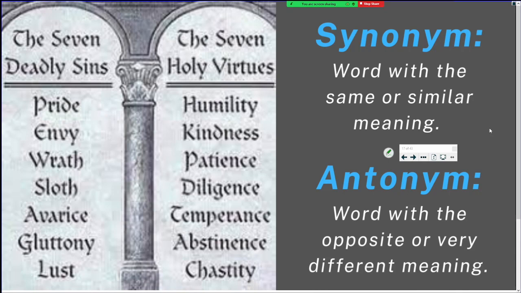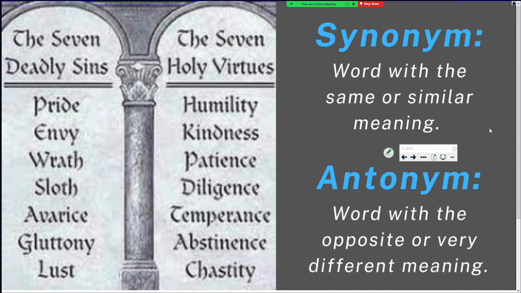And of course, in the Christian world, we have the seven deadly sins and the seven holy virtues, and they're on either side of a spectrum, right? So there's pride, and the opposite of pride is humility, or being humble. There's envy, and the opposite of that is kindness. There's wrath, and the opposite of that is patience, right?